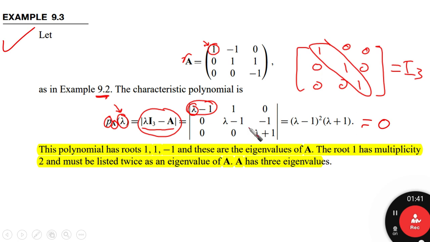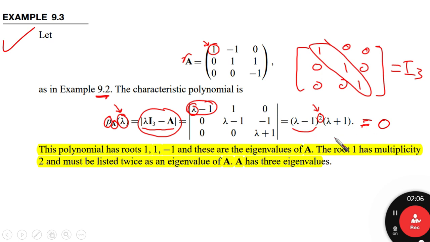Then try to get the determinant of this matrix. You are going to find it like this: lambda minus 1 to the power 2, take care of this, times lambda plus 1. Then we equate it with 0 and obtain the roots.